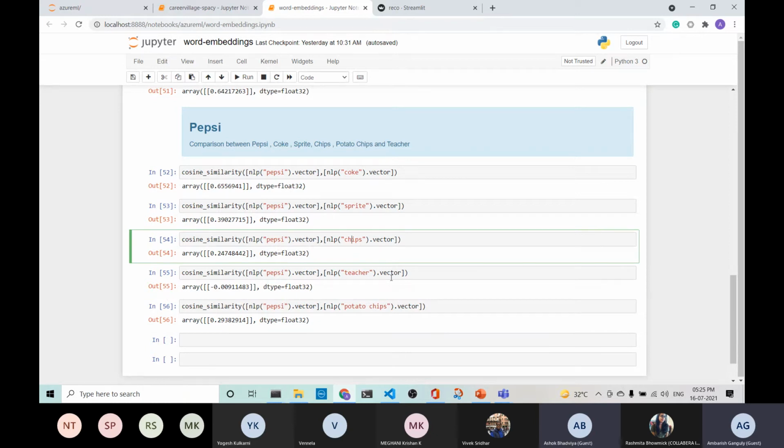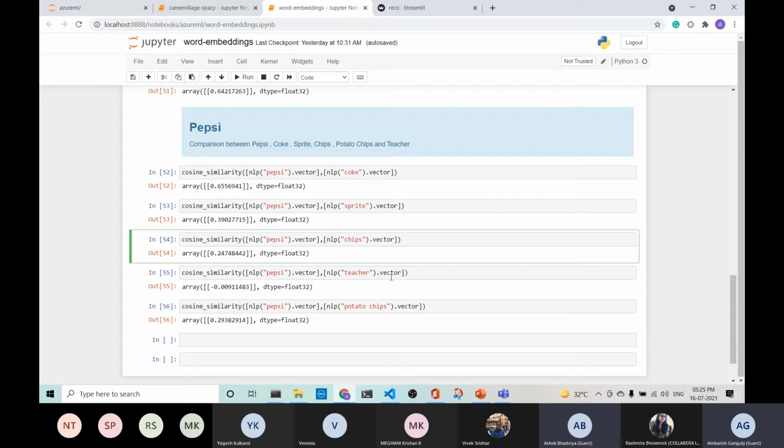I just want to give you an intuition of how I am going to use it. So this is the word embeddings concept. Now once we understand word embeddings, you can utilize this concept in anything.